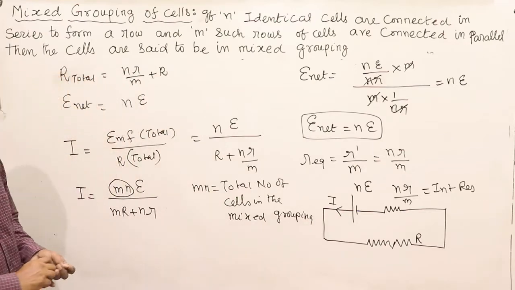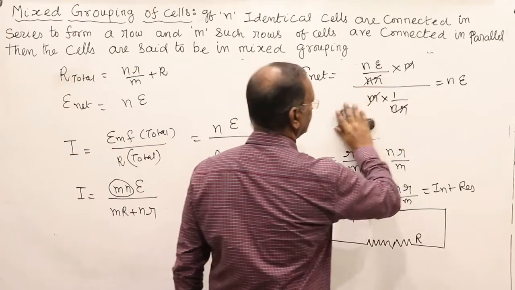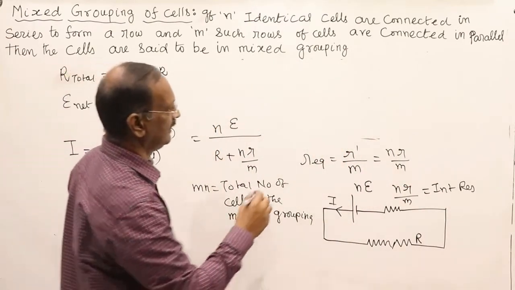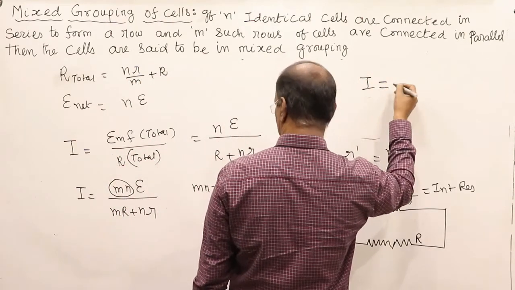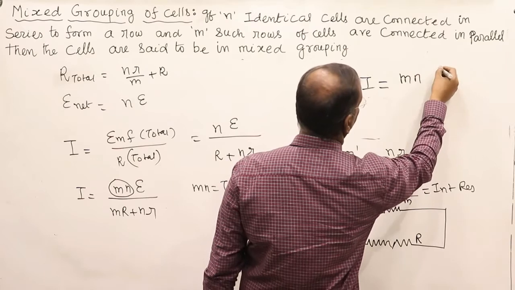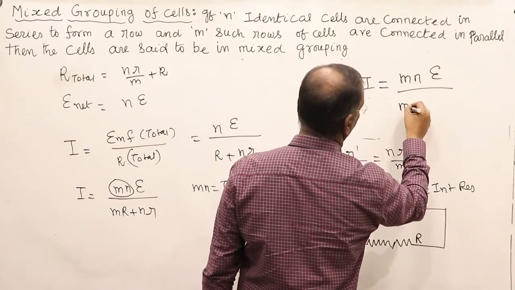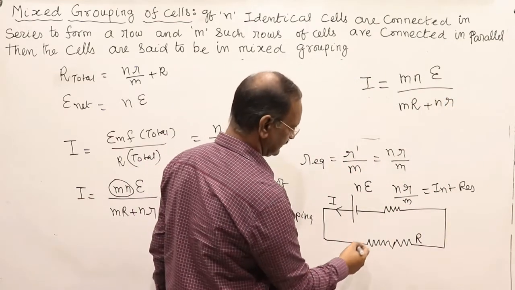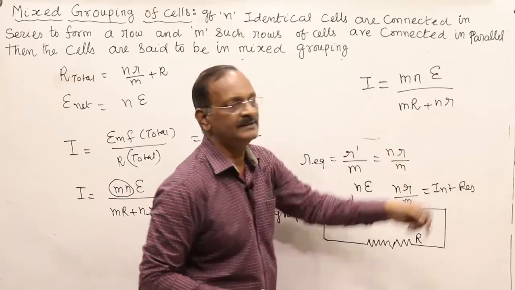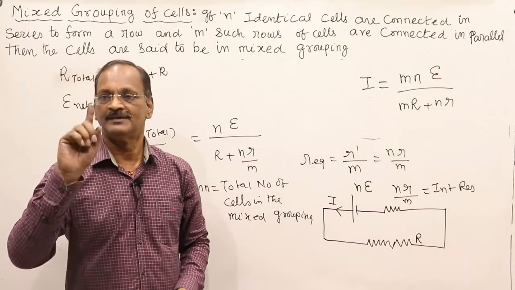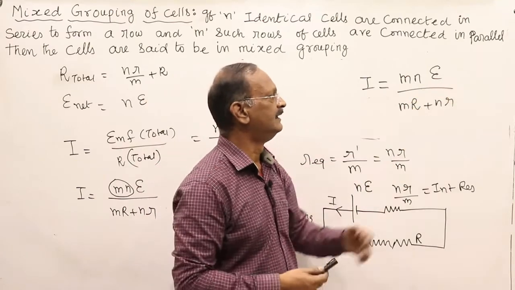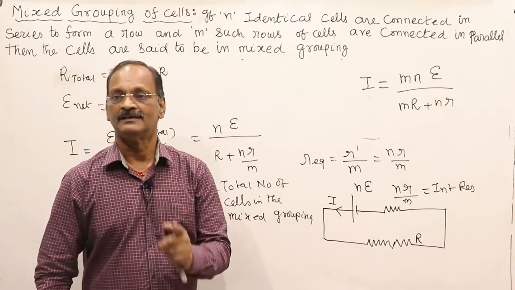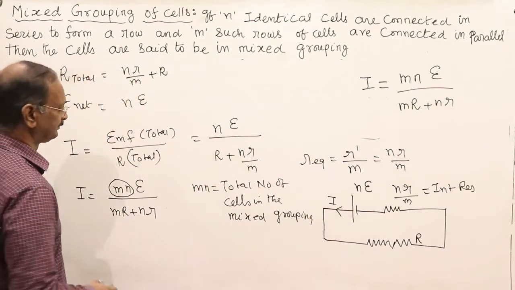So now we can write the current also. What is the net current? The net current I is given by m into n into E divided by mR plus nr, where R stands for the external resistance, small r represents the internal resistance of a single cell, and E represents the EMF of a single cell, and there are m into n such cells in the mixed grouping.